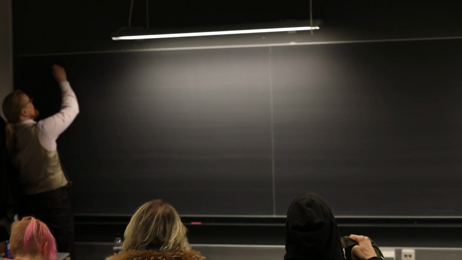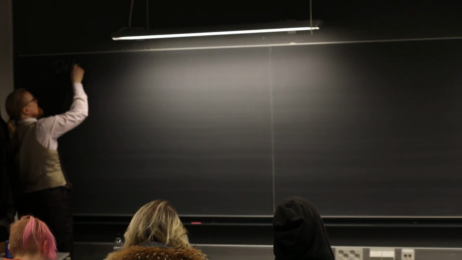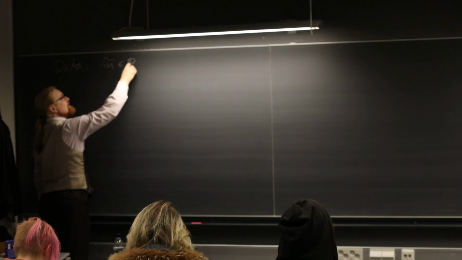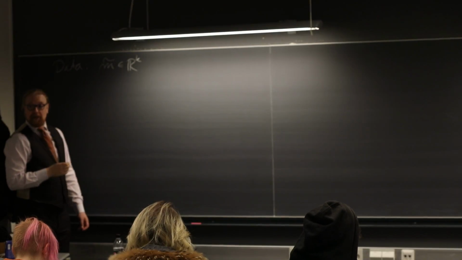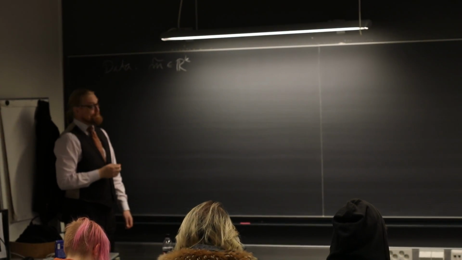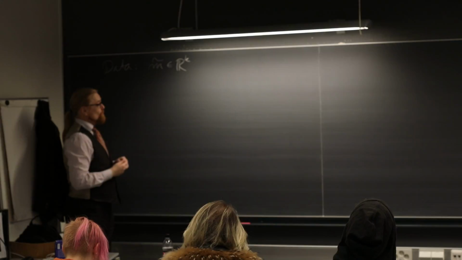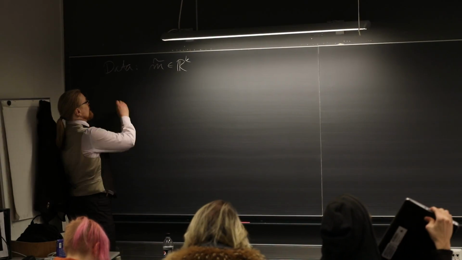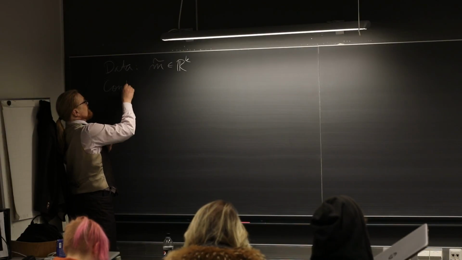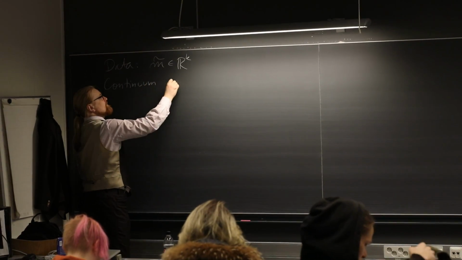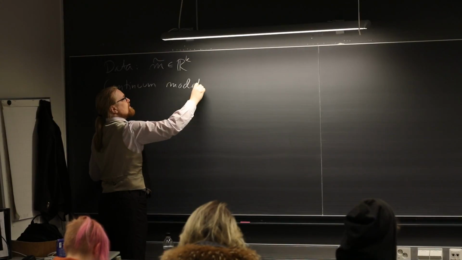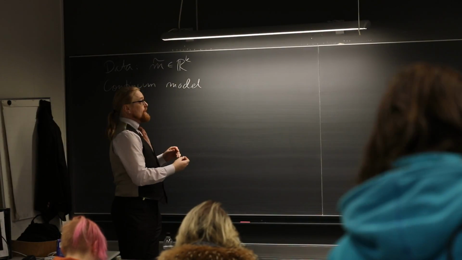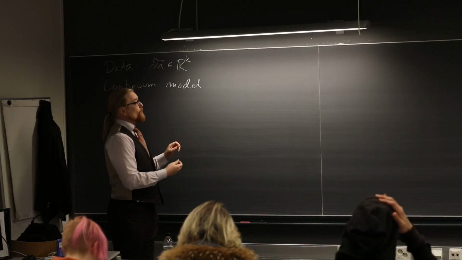So our starting point is data. It's a vector with k elements given by some device. Then we need to have a good model for this data, and we call this the continuum model. There we want to make a mathematical description of what happens in the measurement process.